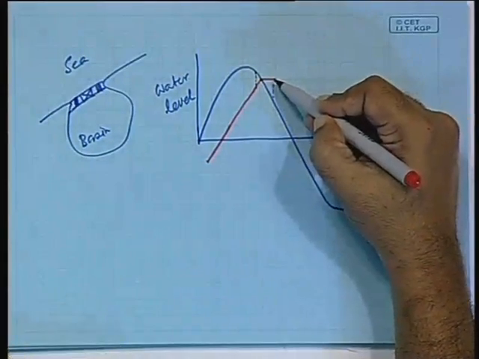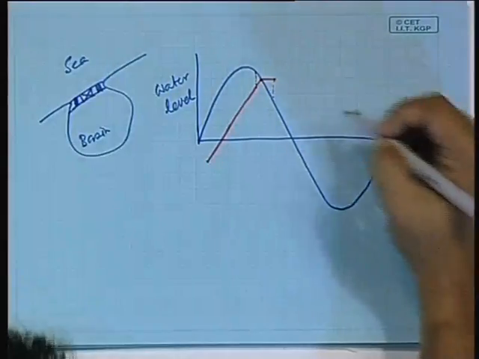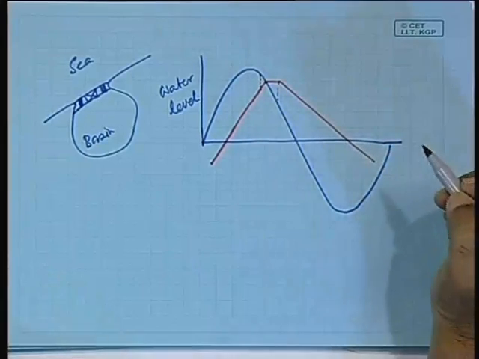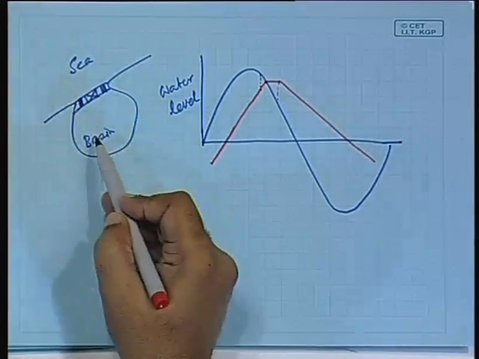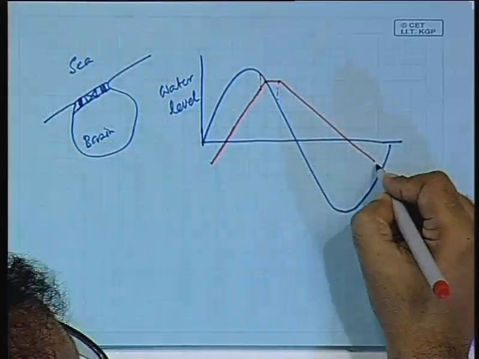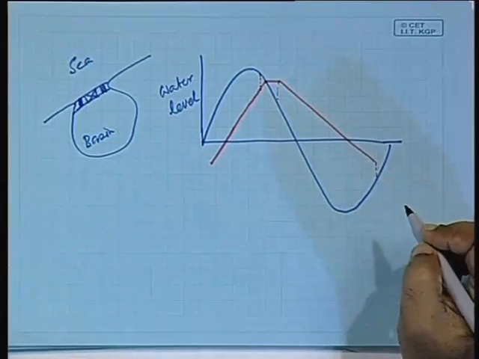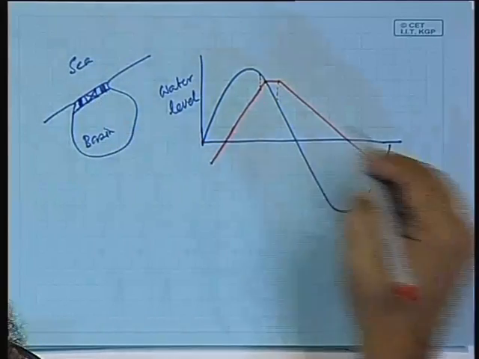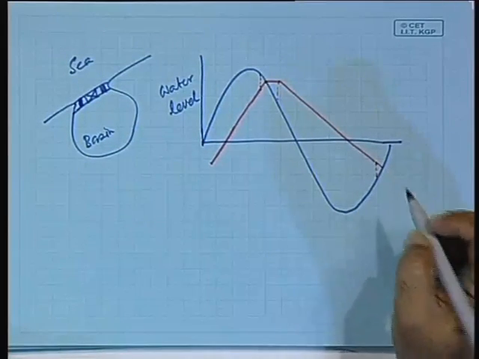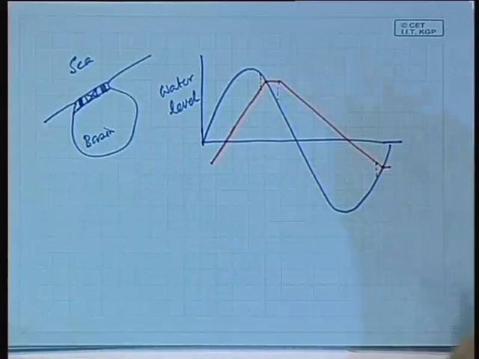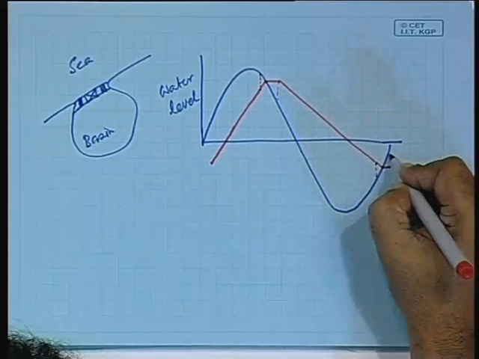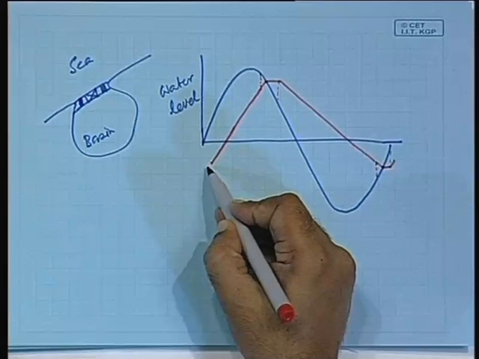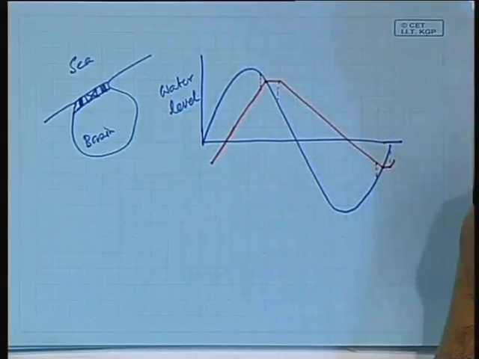Again you have to open the turbine in the opposite direction, so that the basin water level falls, and water empties through the turbine till a time when the levels are equal. At that time again the sluice gates are open, so that it goes very close to the sea water level. When they are again equal, it is closed till the head builds up, and then it starts, it comes here. The whole cycle then again repeats.